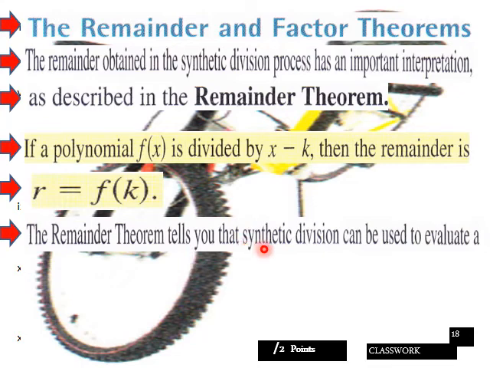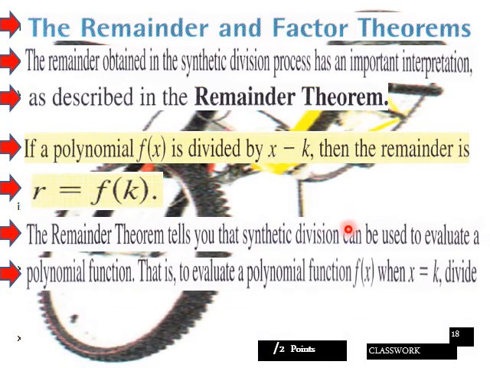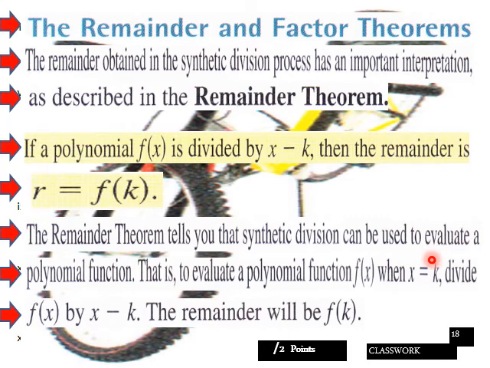This tells us that synthetic division can be used to evaluate a polynomial function. That is, to evaluate a polynomial function f of x when x equals k, divide f of x by x minus k. The remainder will be a function of k in that situation.